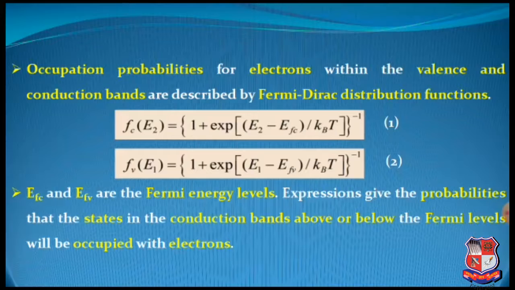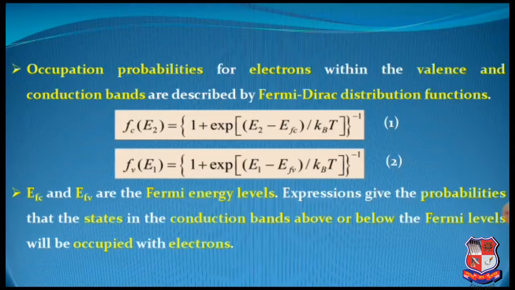Again, F_V(E1) is equal to [1 + exp((E1 - E_FV)/k_BT)]^-1. F_V is the occupation probability for electrons in the valence band.